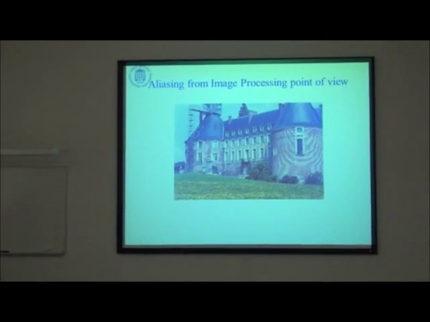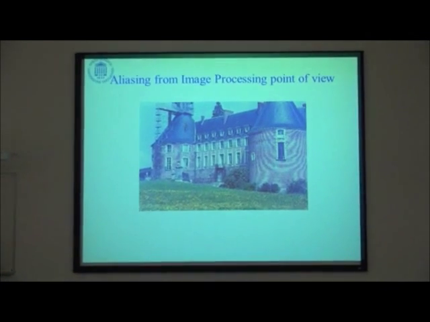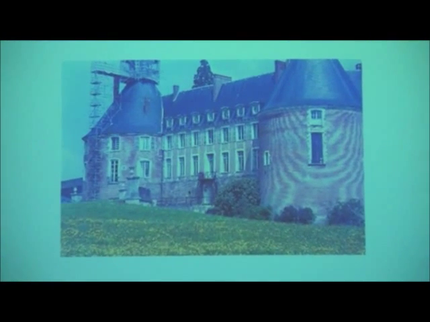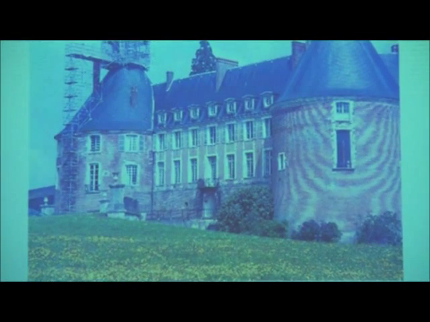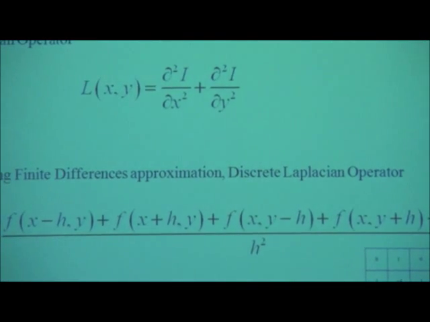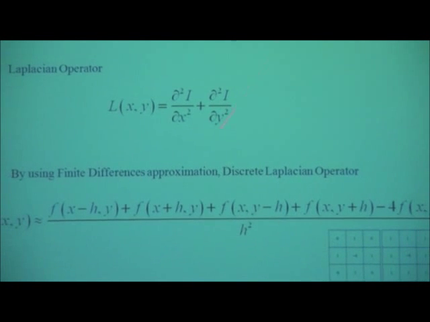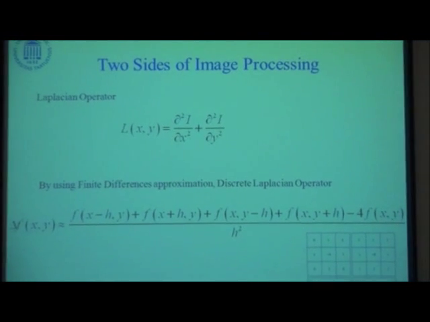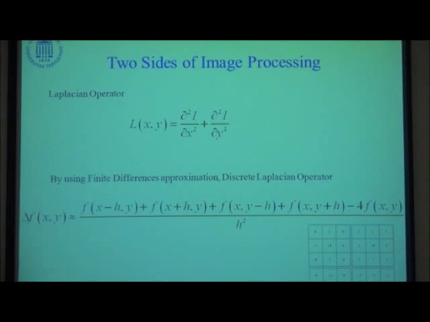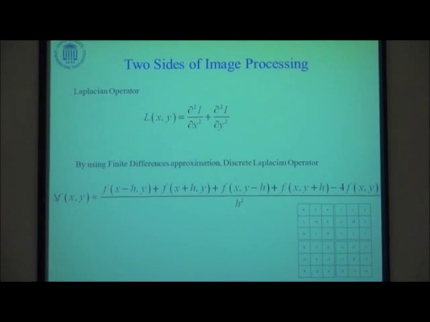Of course, there are lots of basic and simple tools which you can use in image processing, for instance smoothing, with which you can get rid of this aliasing. Now, as you can see, we have two sides of image processing. One of the sides is purely mathematics. So you can be very good in mathematics, you can talk about all the mathematical equations, and you still can do image processing.